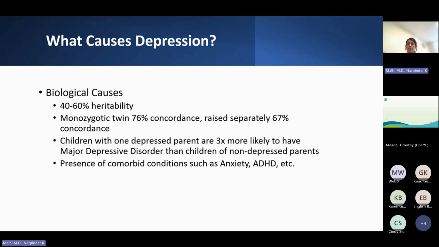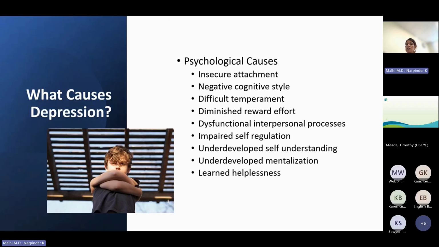When you think about the etiology of depression, there are various causes. Either could be genetic. We have known that if there is heritability, family members may have mood symptoms, and that puts the children at a higher risk. Any comorbid conditions present, such as anxiety or ADHD, also put people at higher risk for depression. And then there are psychological causes, like a history of trauma. I always pay attention to that.